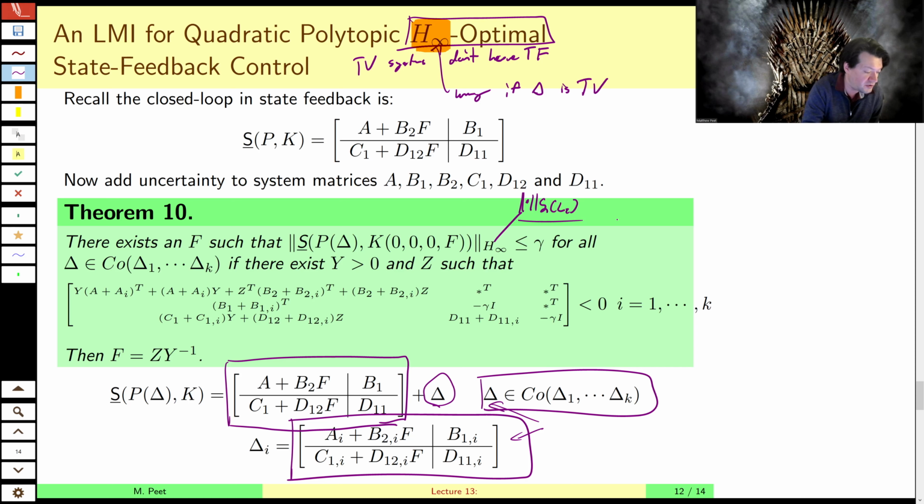You can obtain the H infinity or L2 gain optimal state feedback controller by solving this LMI and then reconstructing your feedback gains using the same normal variable inverse substitution, F equals Z Y inverse. So this LMI has to hold at all of the vertices. Here it's the same LMI, but we've just added each vertex to the appropriate term.